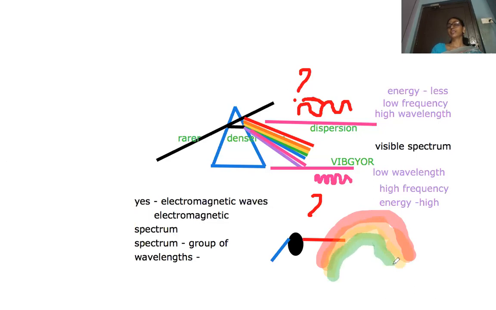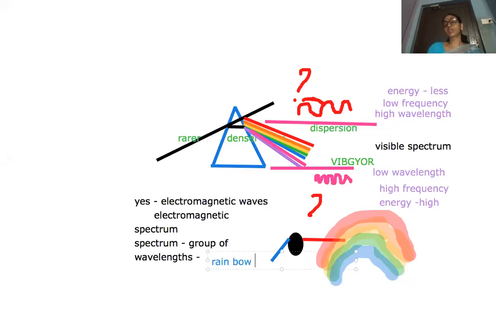Then you'll be seeing green, blue. So you can see a rainbow very clearly when it rains and at the same time you're getting sunlight. So an example of a natural spectrum is our rainbow.